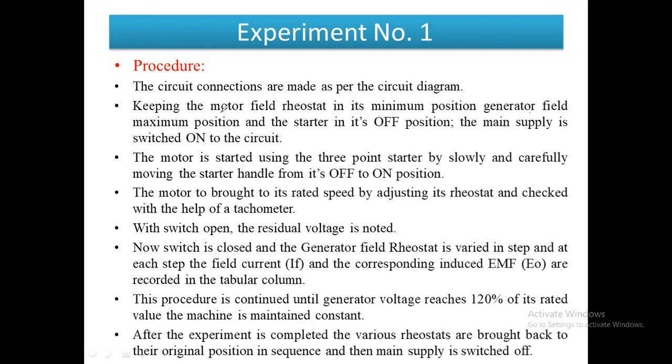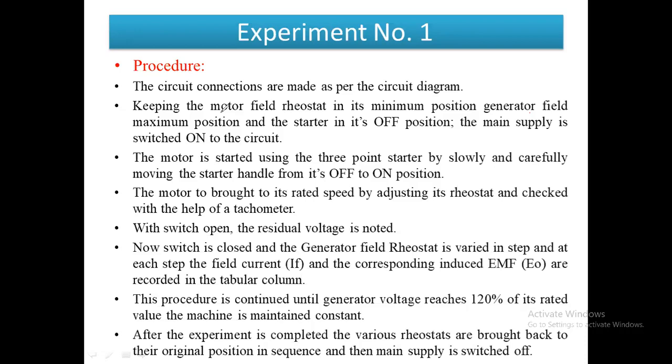After that, now the switch is closed and the generator field rheostat is varied in steps, and at each step the field current IF and the corresponding induced EMF E0 are recorded in the tabular column. After that, we are recording the induced EMF and the field current.